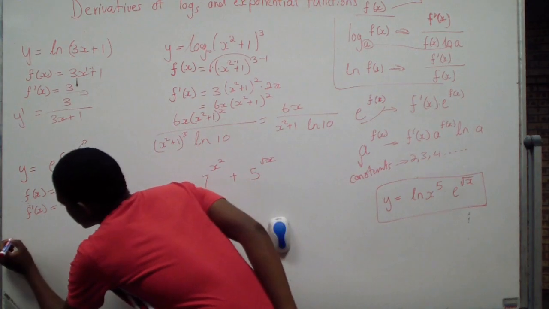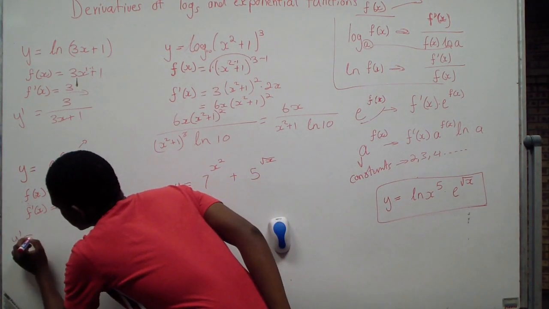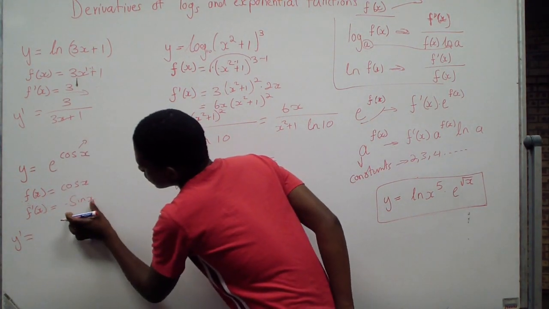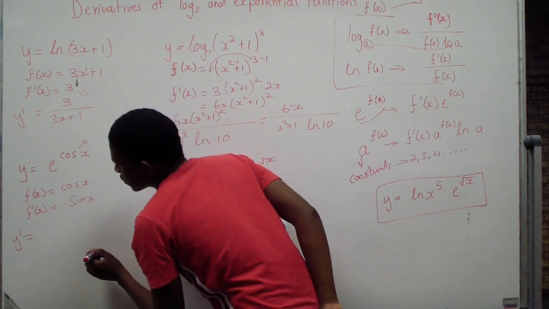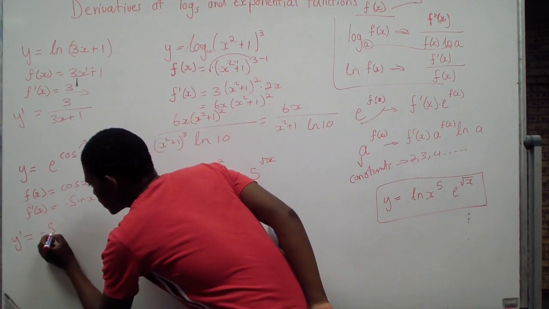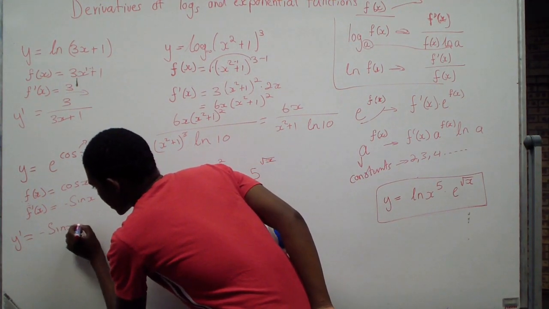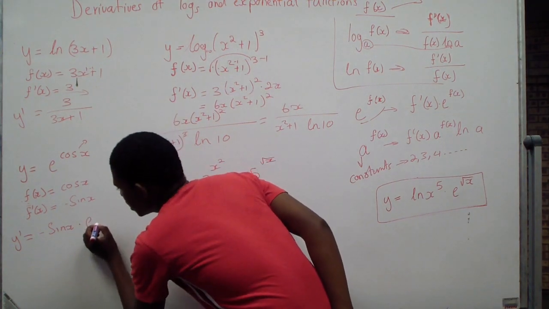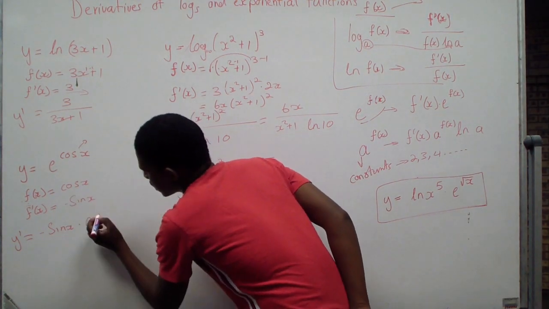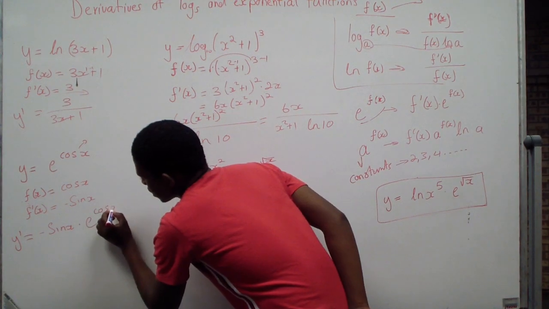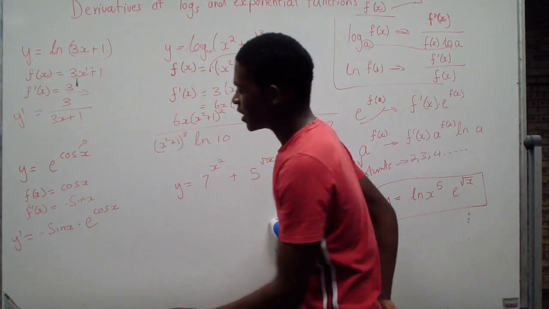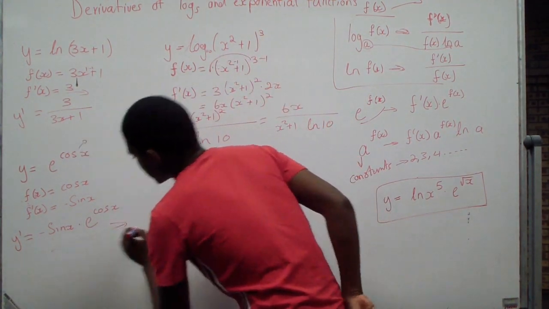So that means the derivative of this is equal to, what is my derivative of a function? It is negative sine x. Then I multiply with e to the power function. My function is cos x. Then you get your answer.